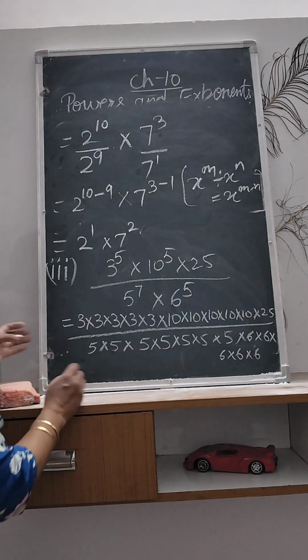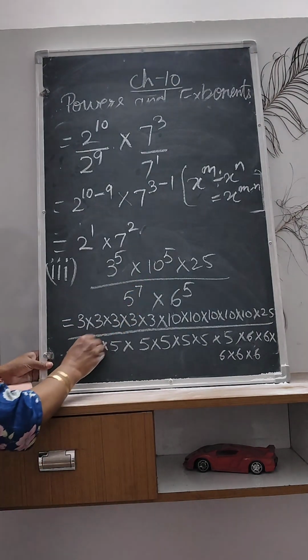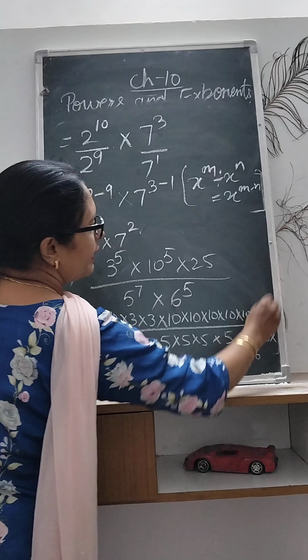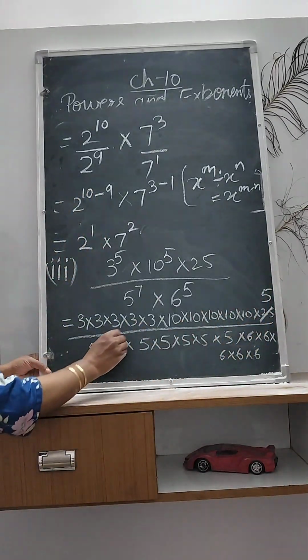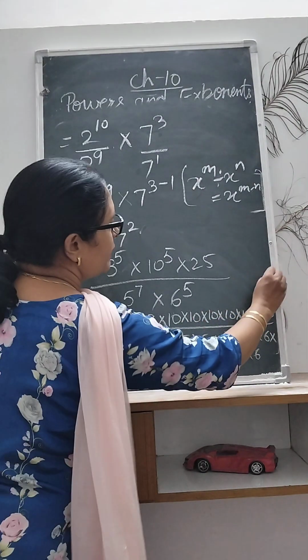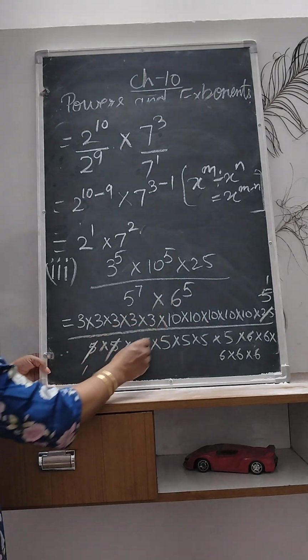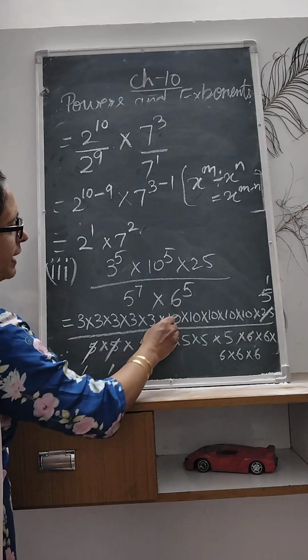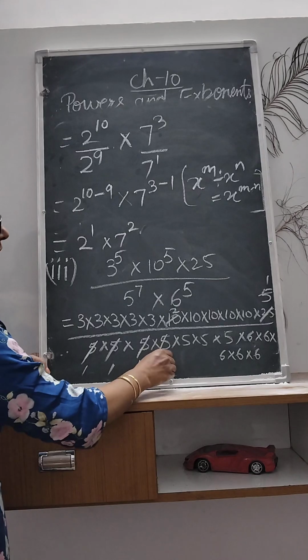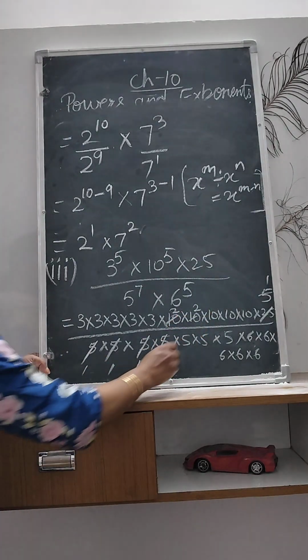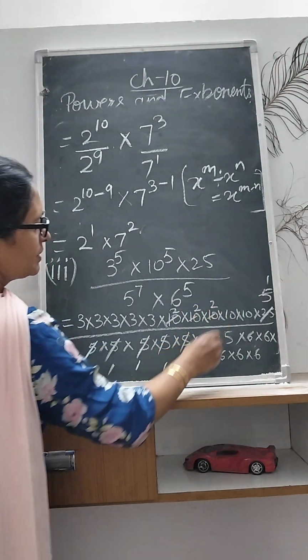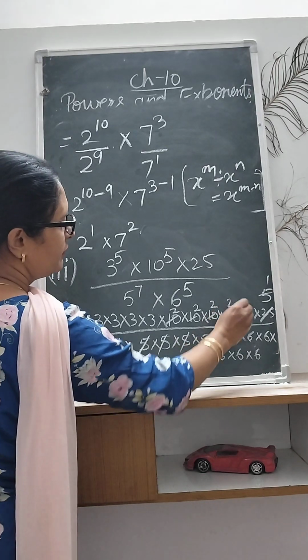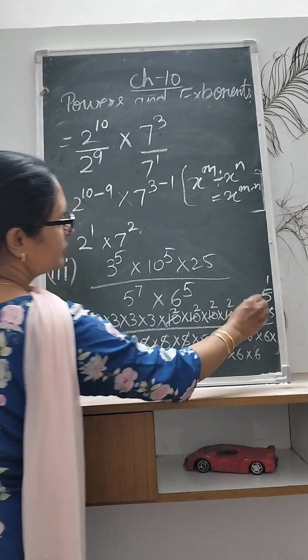Now students, let us see what we will do. Now we will cancel. 5 ones are 5, 5 5s are 25, 5 ones are 5. Now 5 will be cancelled with this. Okay.